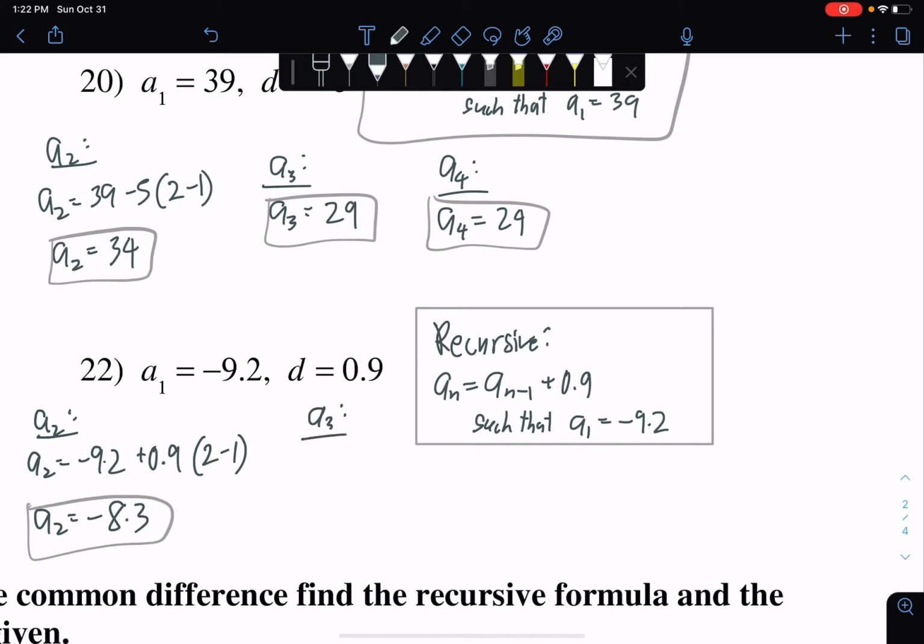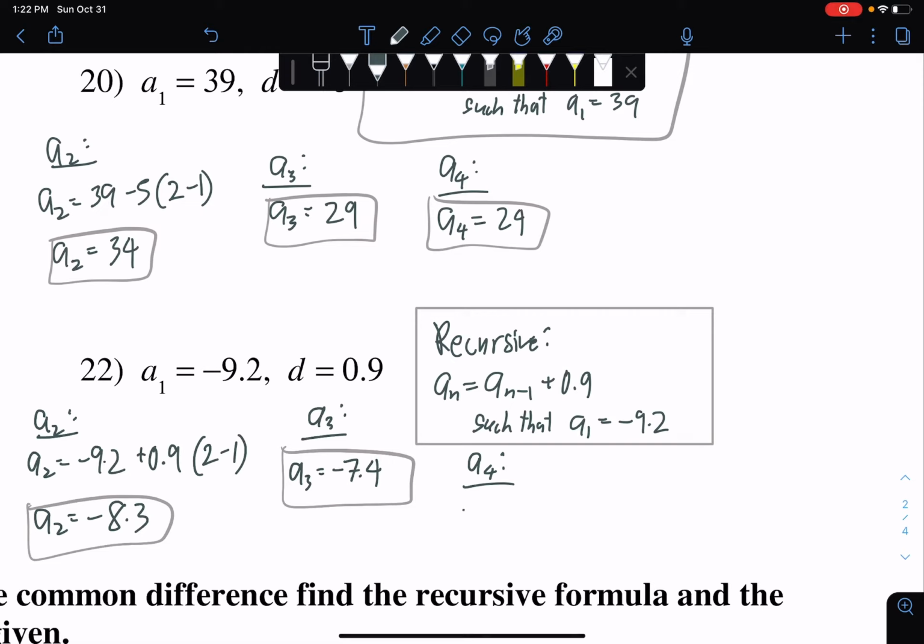For a sub 3, the solution is still the same. 3 minus 1 is 2. So a sub 3 is equal to negative 7.4. For a sub 4, 4 minus 1 is 3.